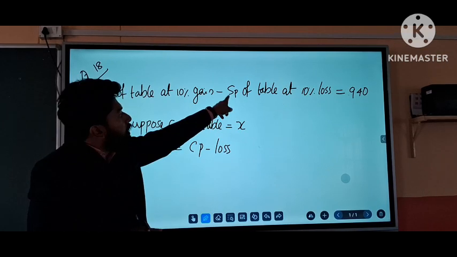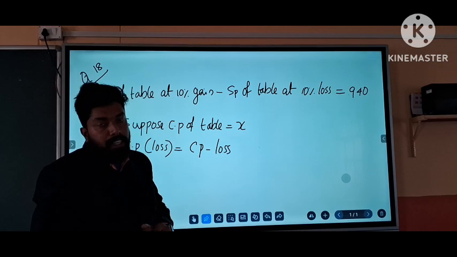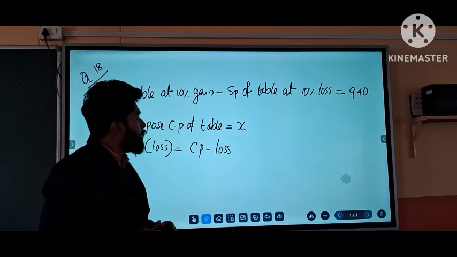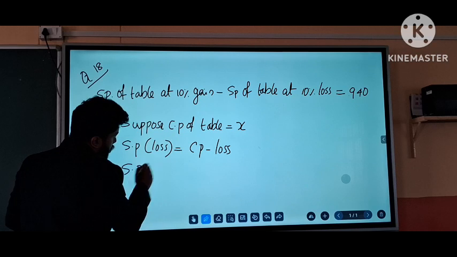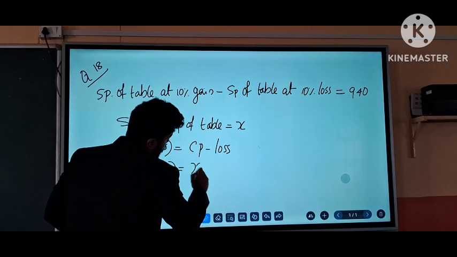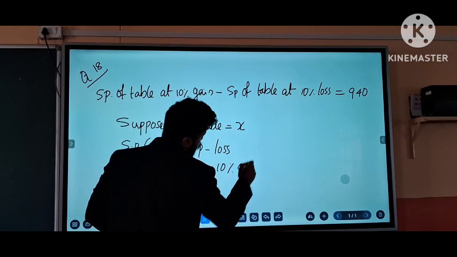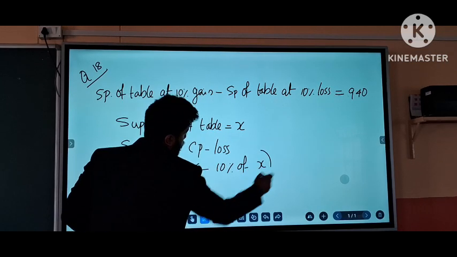It tells that the selling price of the table at 10% loss is 10% loss of the cost price. So selling price in the case of loss is X minus 10% of X. Is it clear?